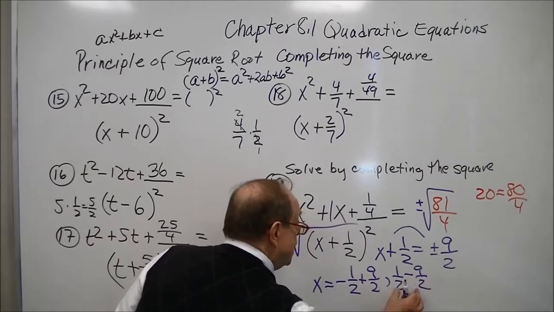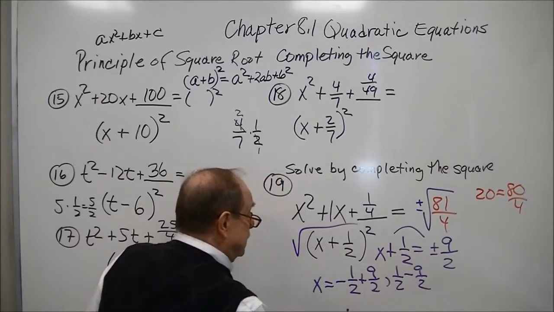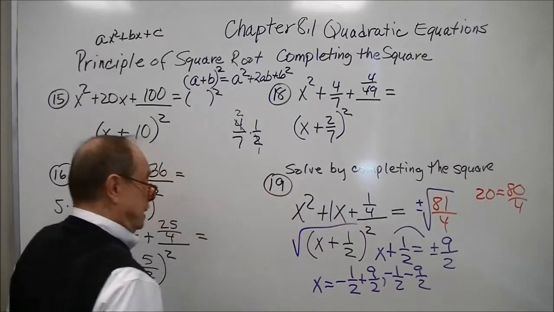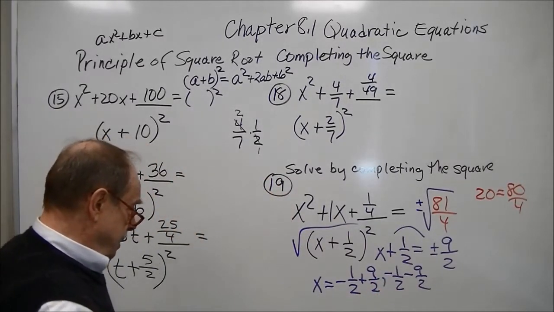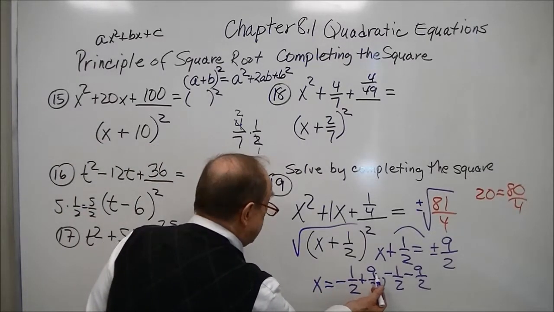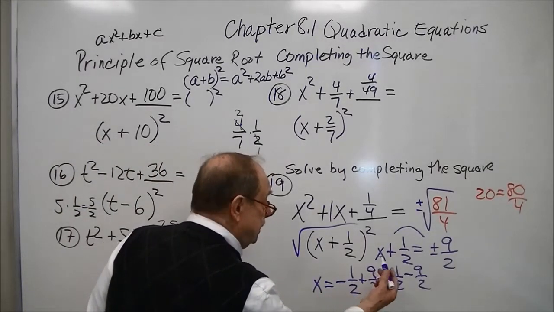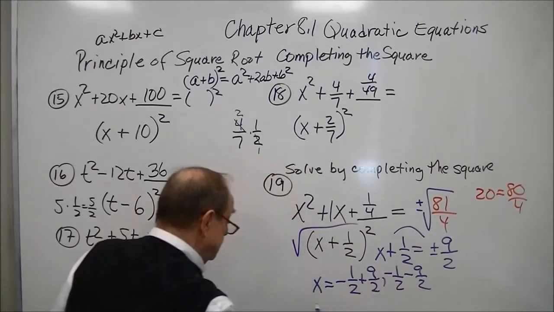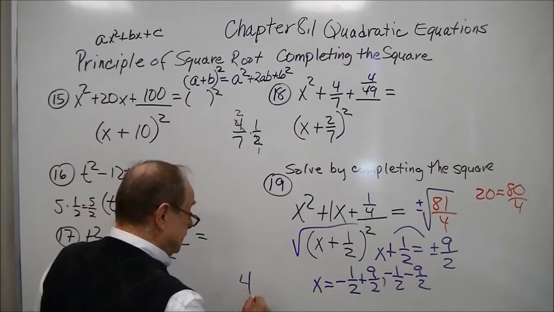I've written them twice, and that's a negative there as well. So now I have a negative 1, positive 9. That's going to give me 8 over 2, which gives me one answer as a 4.